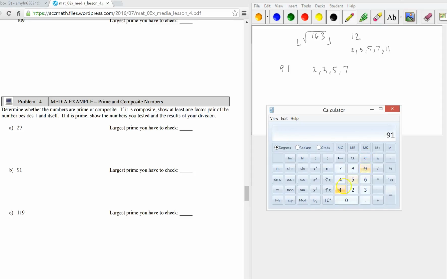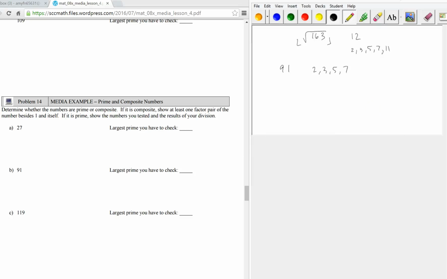So yes, they should know it's not even, so that doesn't work, but verifying that is okay. Checking 3, it's not divisible by 3. 91 doesn't end in 0 or 5, so it's not divisible by that. And dividing by 7, lo and behold, 91 is 7 times 13.